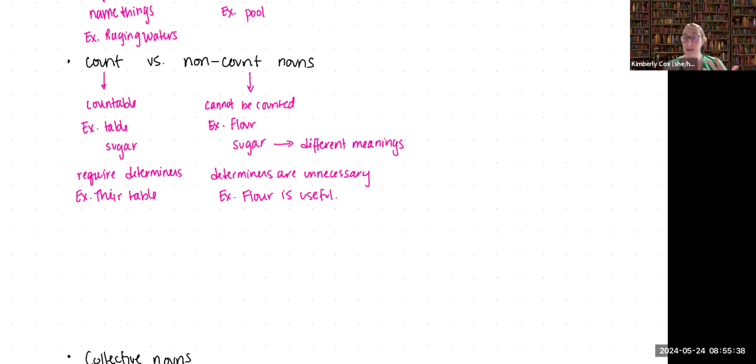So there are also specific types of determiners that tend to go with these different groups of words. So I'm going to go ahead and list those for you.